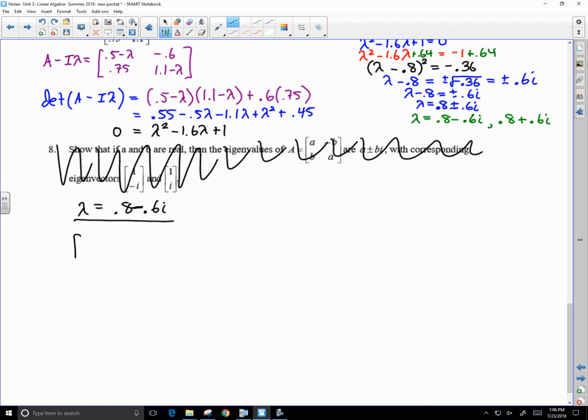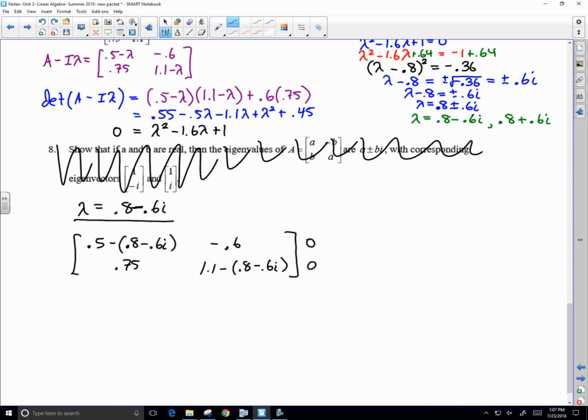We're looking at 0.5 minus 0.8 minus 0.6i, negative 0.6, 0.75, and then 1.1 minus 0.8 minus 0.6i. It's a little messier, but it's no more complicated conceptually.